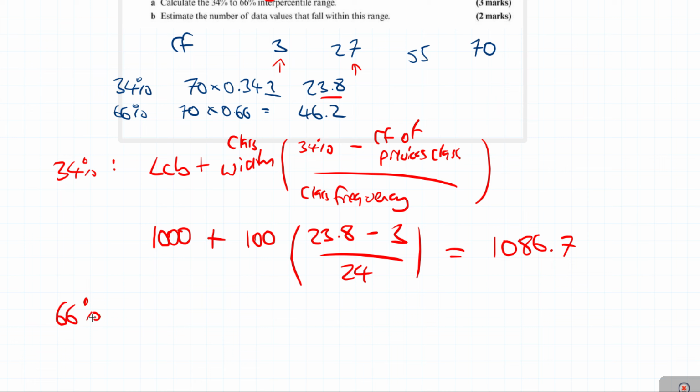For your 66% one, we'll do the ratio version of it. So for the ratio, remember that we take either side. The first side is going to be your class, and the second side is your frequency.